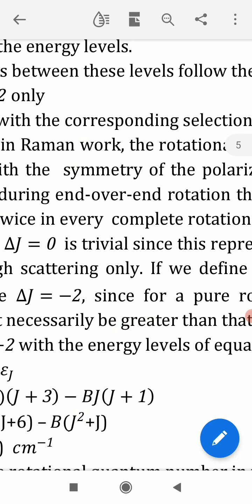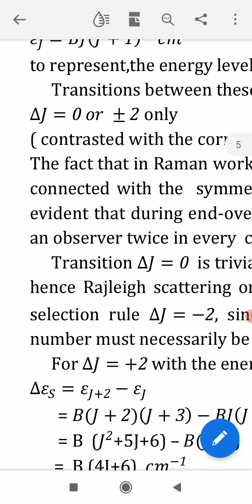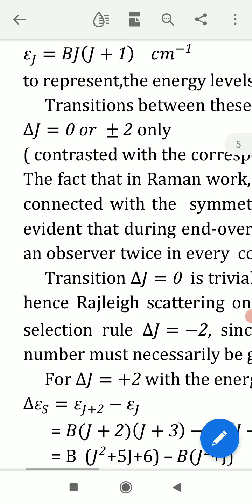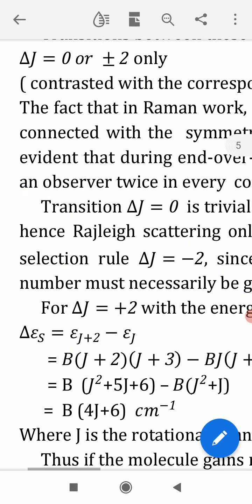If we consider a polarizability ellipsoid and take end over end rotation, it gives the same appearance 2 times in a complete rotation. So this delta J equal to plus minus 2 selection rule comes.